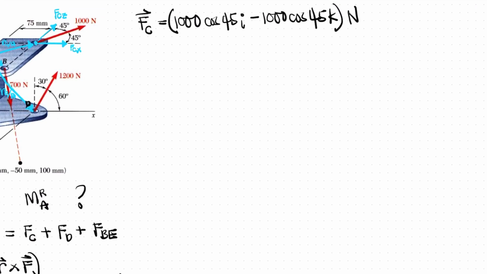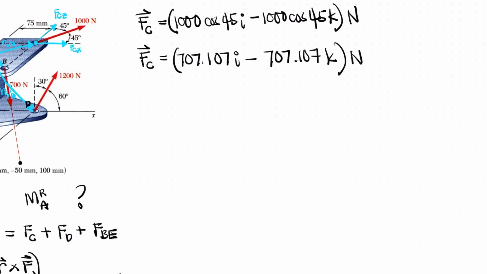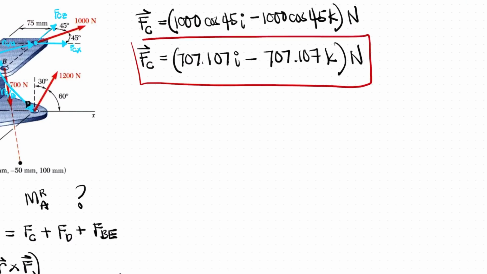Simplifying, F_C is equal to 707 i minus 707 k newtons.